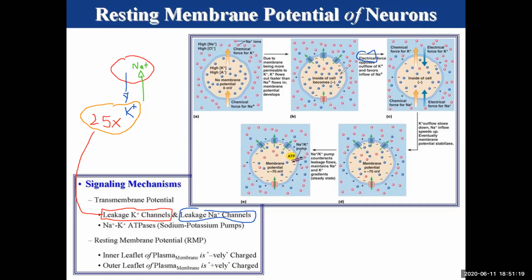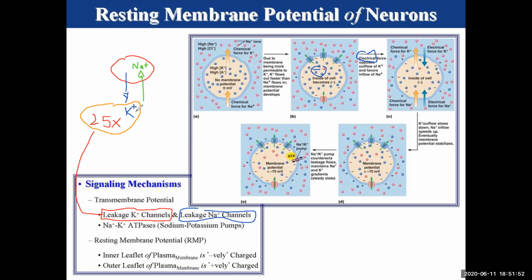Once inside the cell is more negative, it's going to attract the outer positive charge to come into the cell. So in other words, the negativity inside the cell will slow down the potassium efflux and will increase the sodium influx, because opposite charges attract one another.